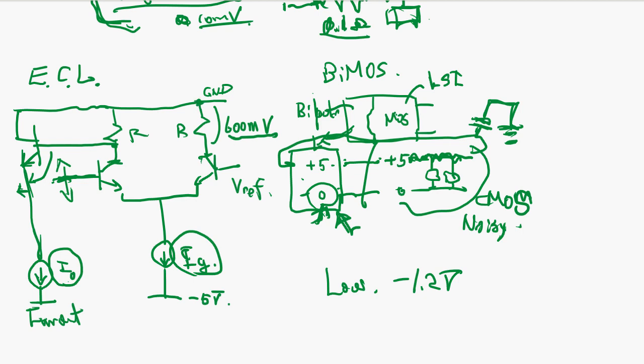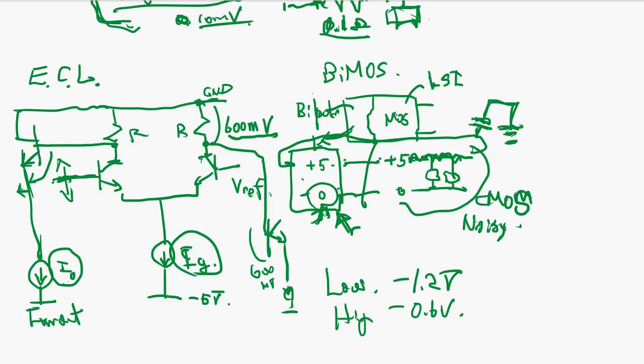Logic is here, the voltage here, and this output you take, this is going to be a 600 millivolt drop. So the high is negative 600 millivolt. So this is roughly the voltage level.